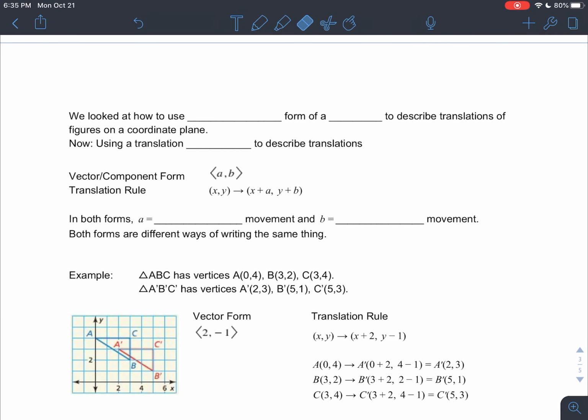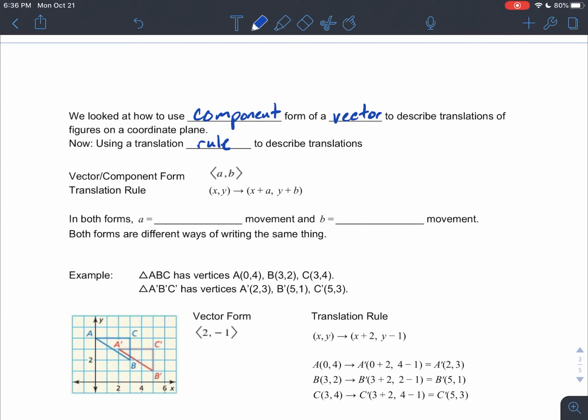All right. So far we have looked at how to use the component form, so we had the horizontal and the vertical components of a vector, to describe the translations of figures on a coordinate plane. Now we're going to look at using a translation rule. These are the same things, just different ways of expressing the same thought. So vector component form, we said that was <a, b> in the arrow brackets.